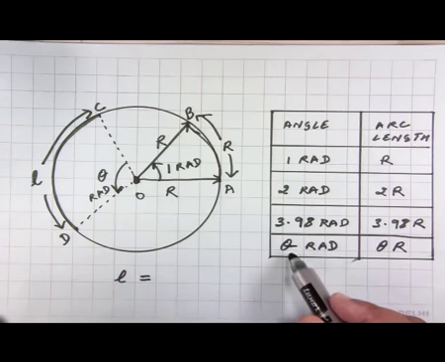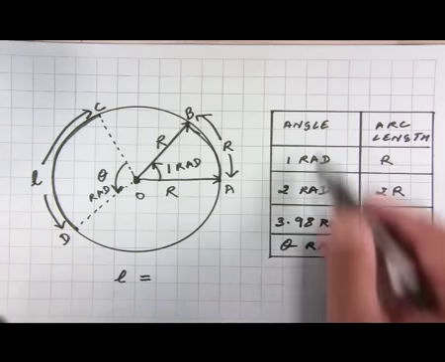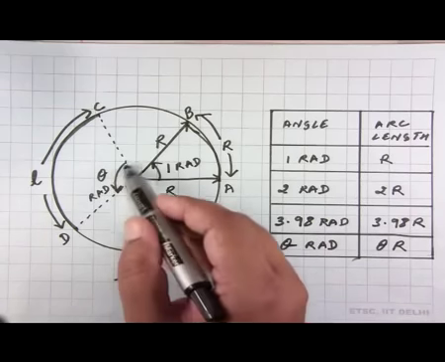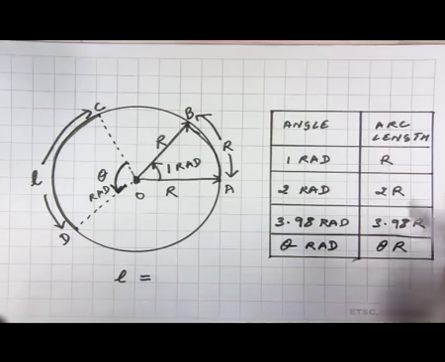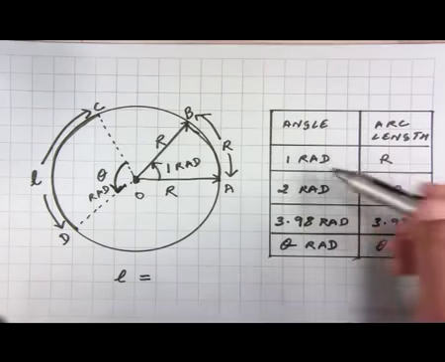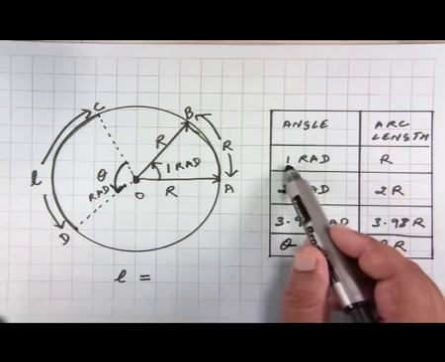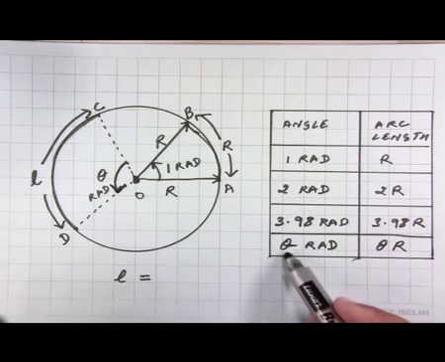And therefore, if the angle is in general some theta radians, for example, like this here, then the arc length should also increase, because compared to 1 radian, we are increasing or decreasing it to theta radians.